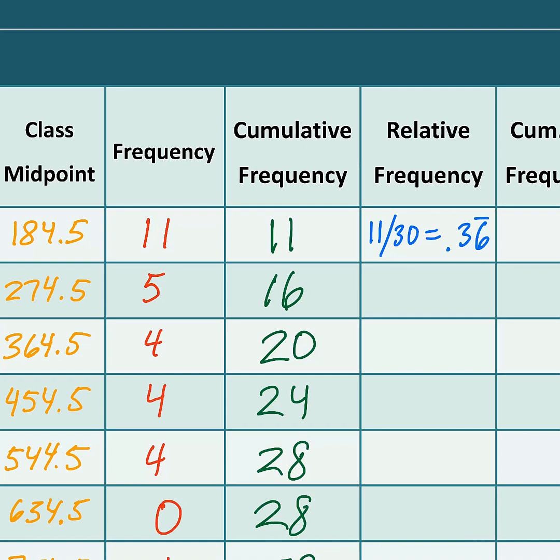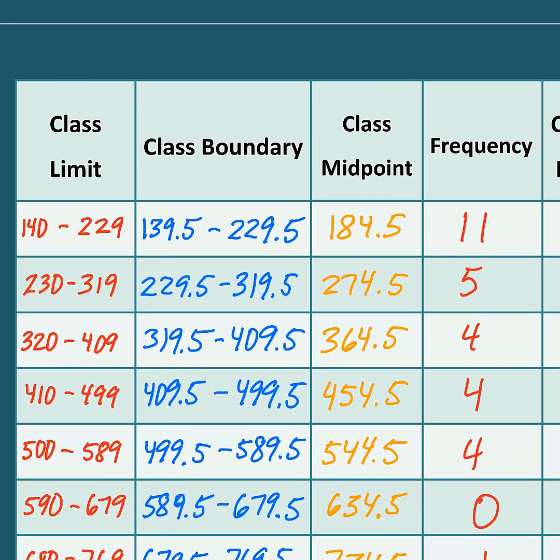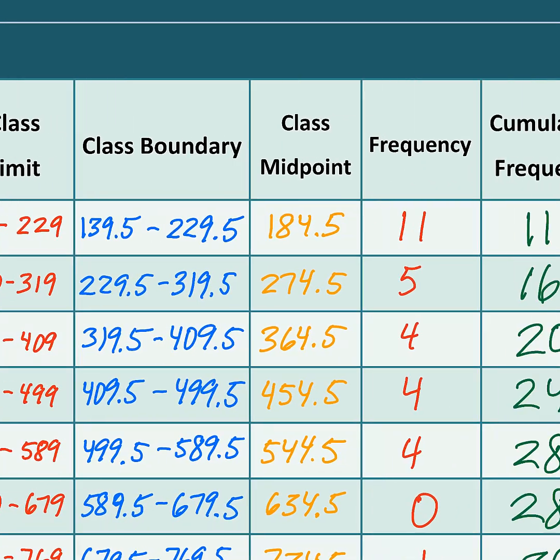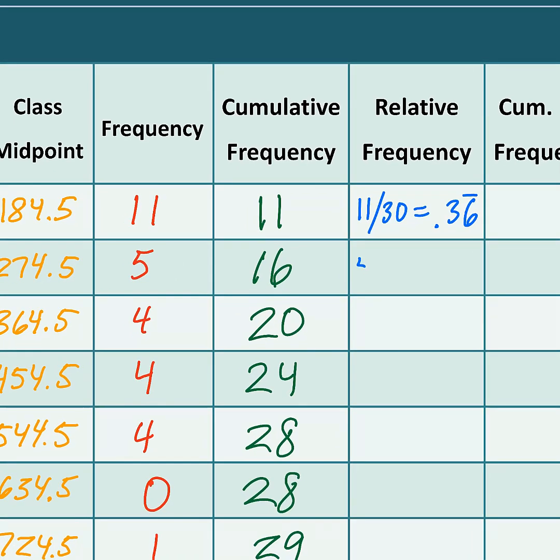So I'm going to put a bar over the 6. In the next category, for the coaches that make between 230,000 and 319,000, we have 5 coaches. So for that, I'm going to take 5, divide by 30, which gives me 0.16. Again, the 6 repeats forever. Put a bar over the 6.